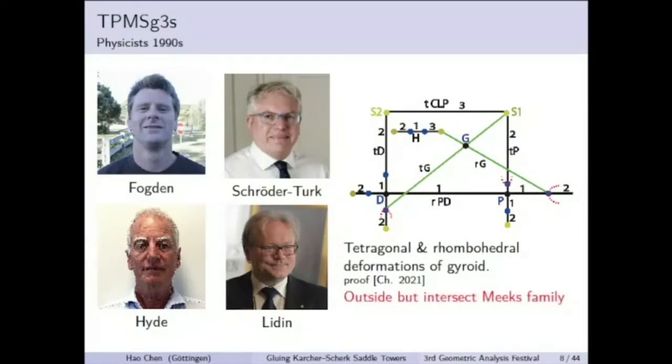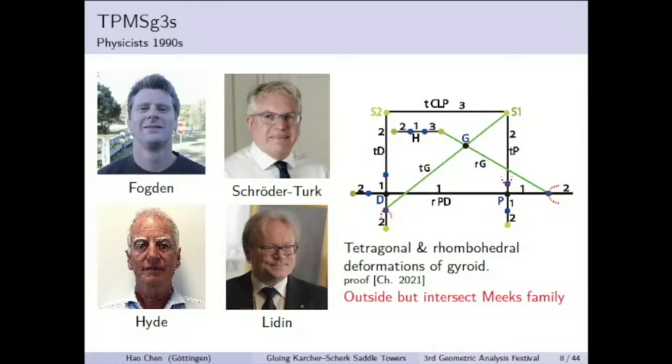Interestingly, as gyroid does not lie in Meeks family, neither do their deformations, but both deformation families join Meeks family at one end. So you can see that the TG, which means tetragonal gyroid, joins Schwarz TD family here. TD means tetragonal deformation of diamond.